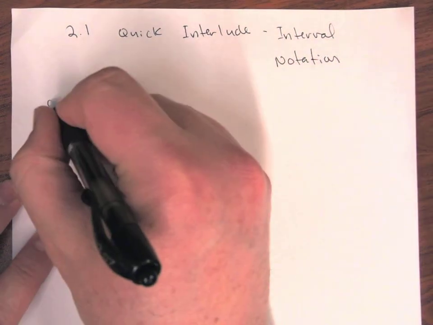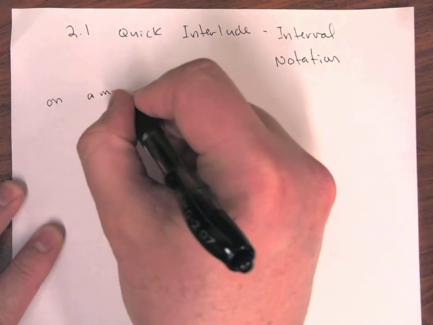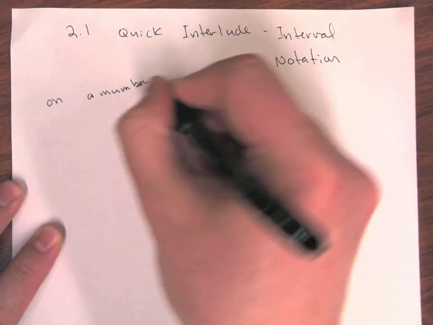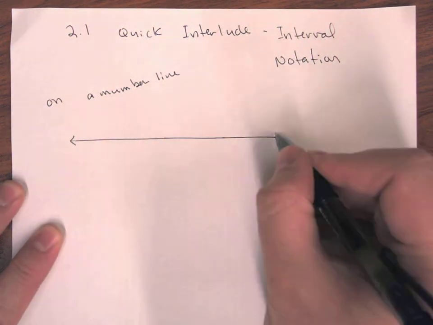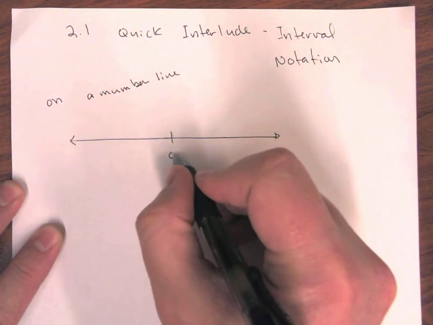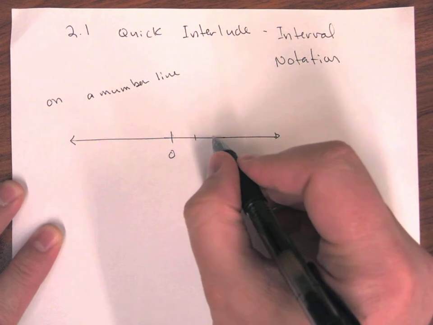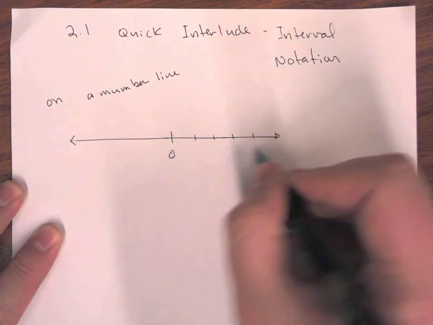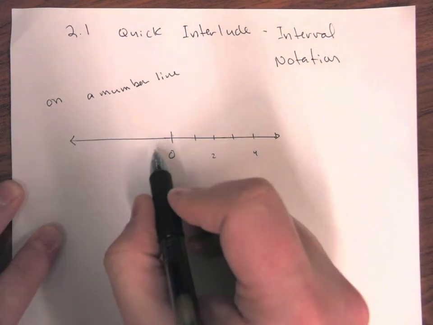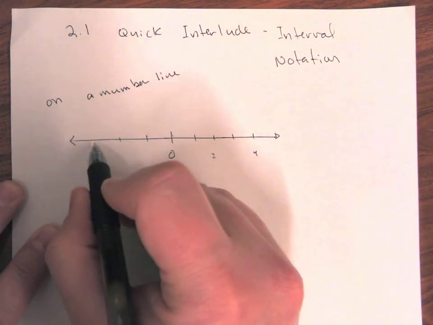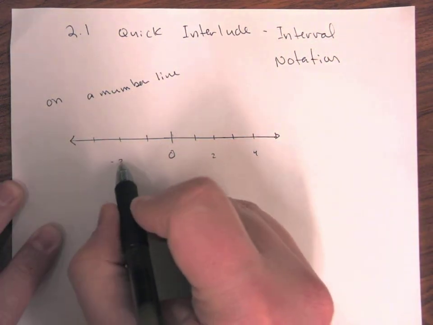So let's say, on a number line, here's my number line. We'll do 1, 2, 3. This is like 2, 4. Okay, go backwards, back to like -2.